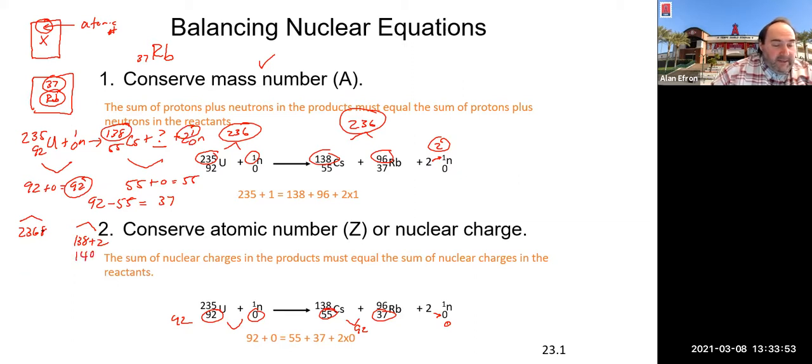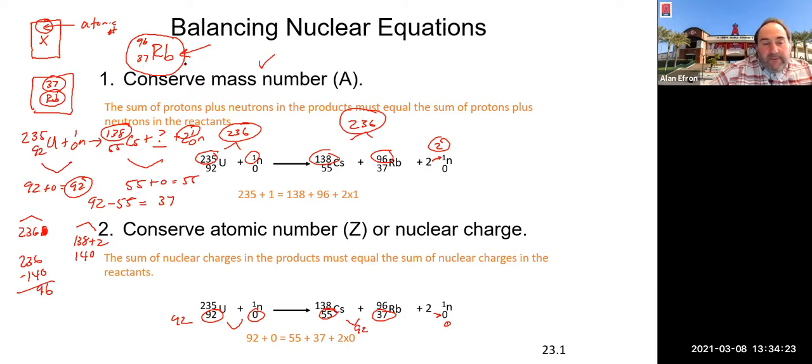So do the same thing: you take 236 minus 140, and that will give you your missing mass number, which is 96 in this case. And that is how you go about identifying what might be missing in this particular case. I would go atomic number first, then find the missing mass number. Question on that?